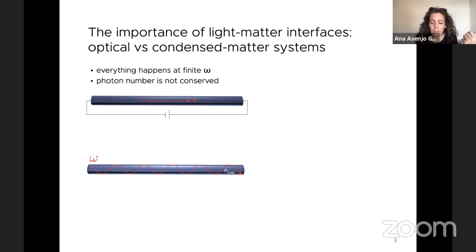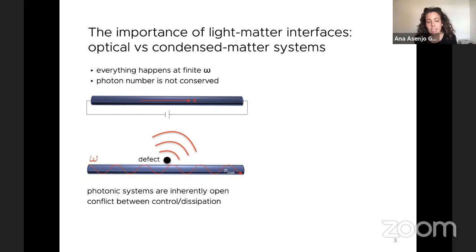But the difference is that if we have a defect, for instance, close to this surface, this photon can be radiated away. Because optical systems are inherently open, it's very different from the typical condensed matter system, where we cannot imagine that the electron is suddenly going to jump into vacuum.